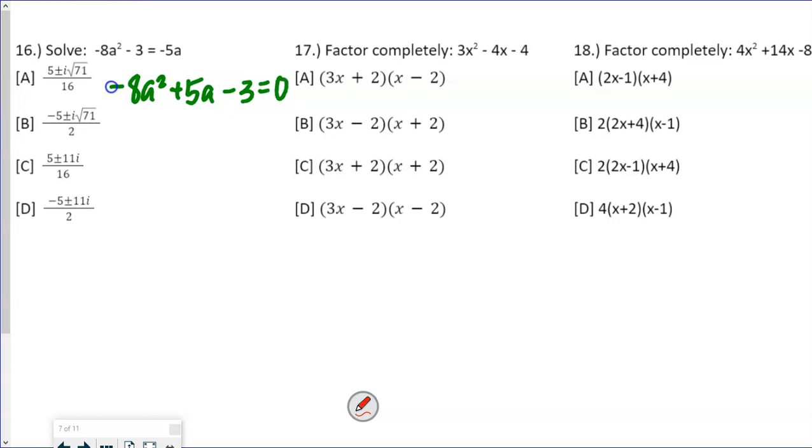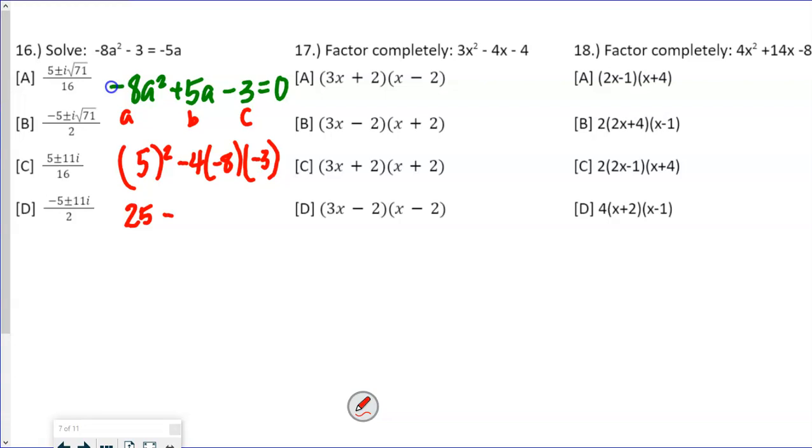So here again, this is our a, this is our b, this is our c. So again, I'm going to use the discriminant. So we're going to do b squared, 5 squared, minus 4 times a times our c. So this is 25, and we got negative times a negative, that's positive, that's negative 32, times a negative 3, that's going to be a minus, right, y'all?